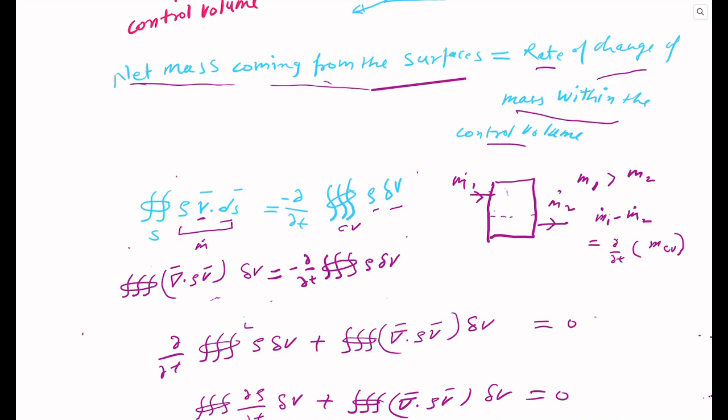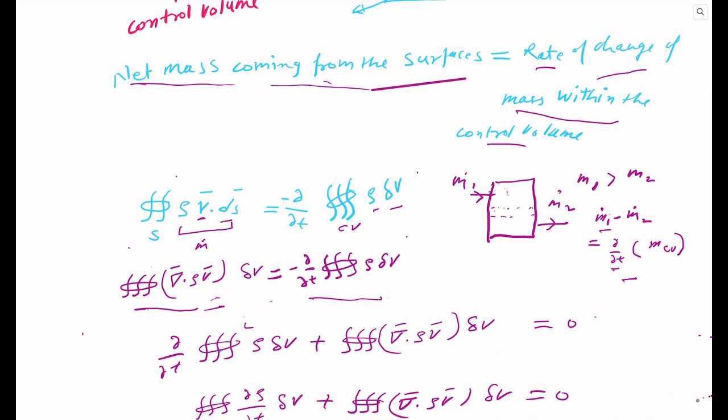So for change, we take final minus initial, and so one term will be positive and the other negative. This is the reason: if the mass flow through the surface is increasing, then within the control volume it will decrease. So this is the negative sign.